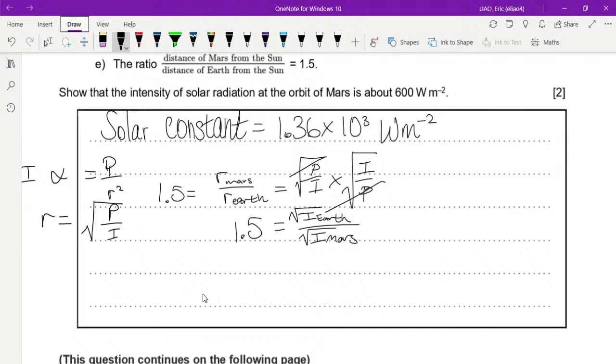Maybe the intensities are the same and the power cancels out. Something like that. That doesn't sit right with me. Not a lot of it does.